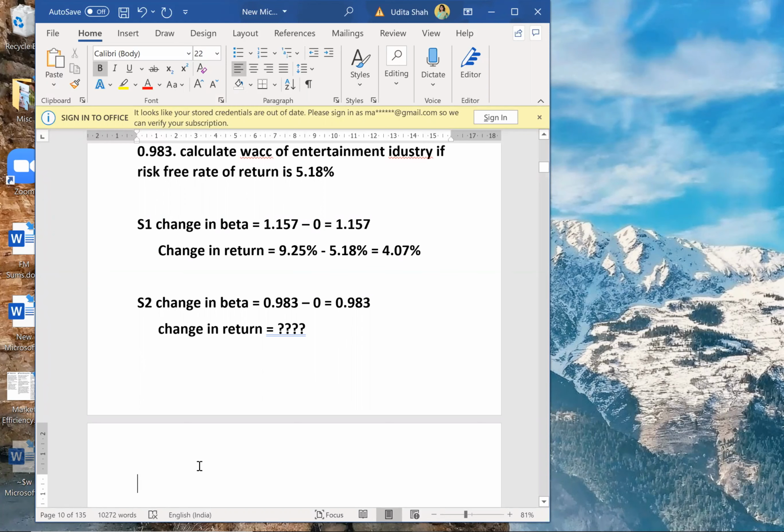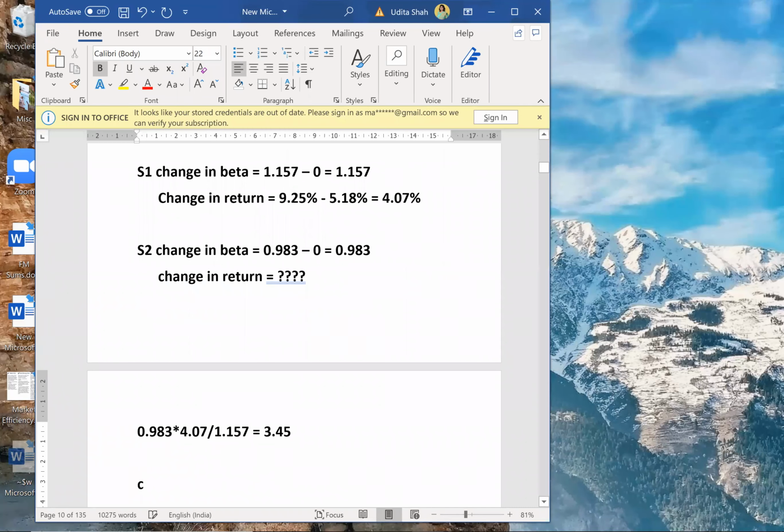That will be how much? 0.983 into 4.07 divided by 1.157. Correct? So change in return is 3.45.